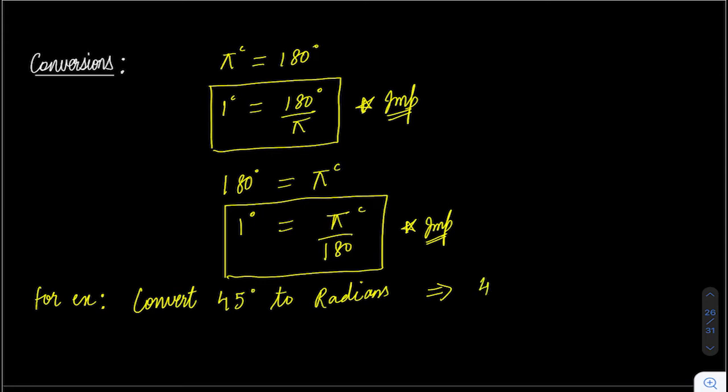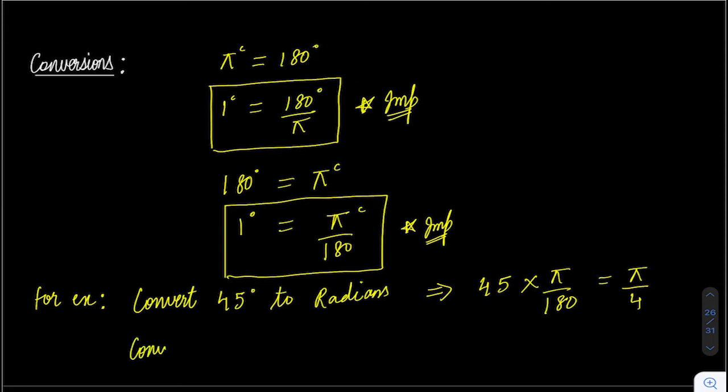So 45 degrees will be 45 times pi over 180 radians, which is pi by 4. So 45 degrees is nothing but pi by 4 radians.